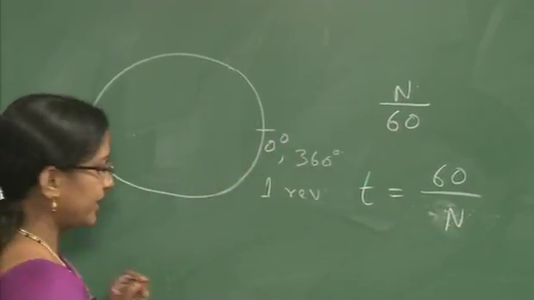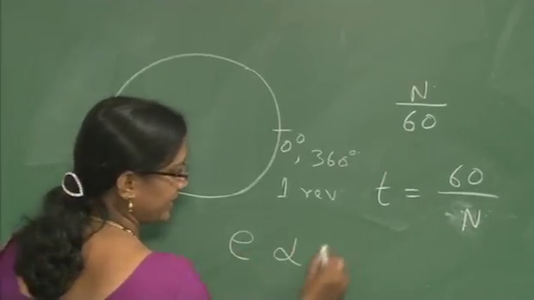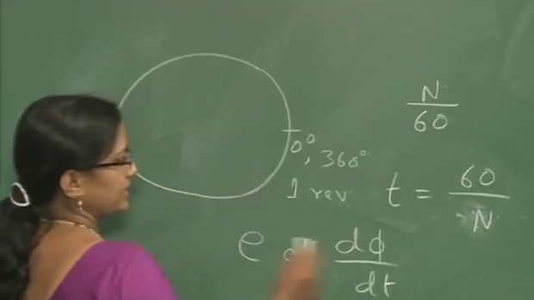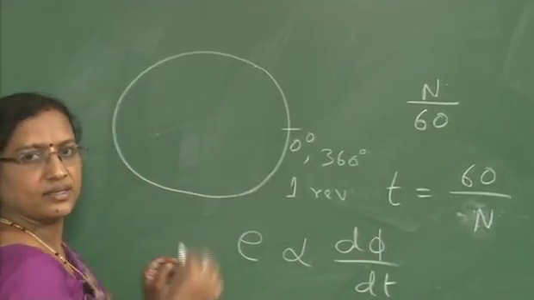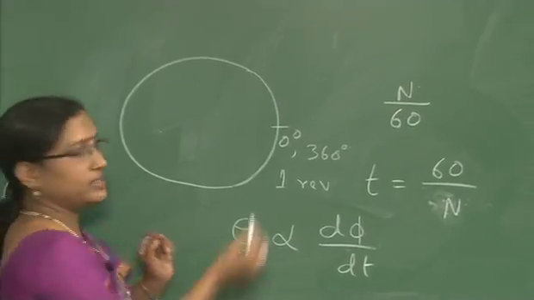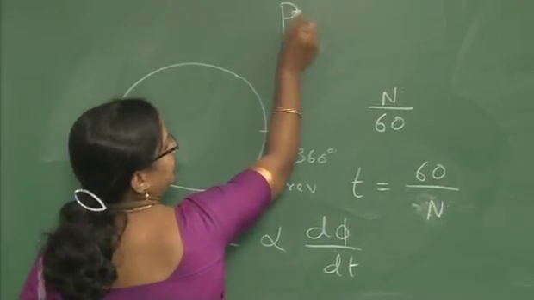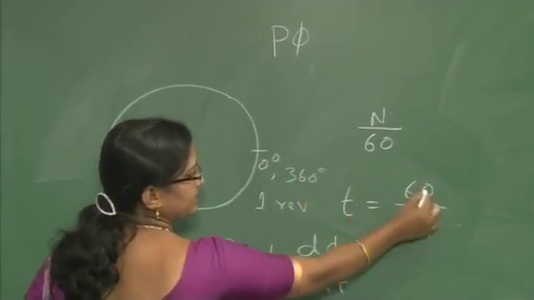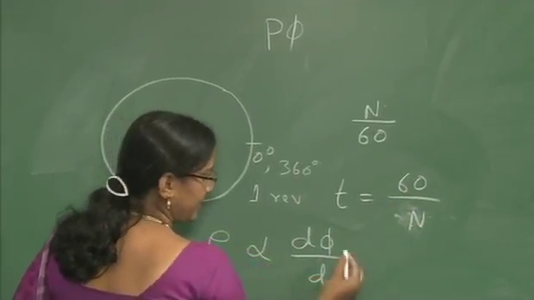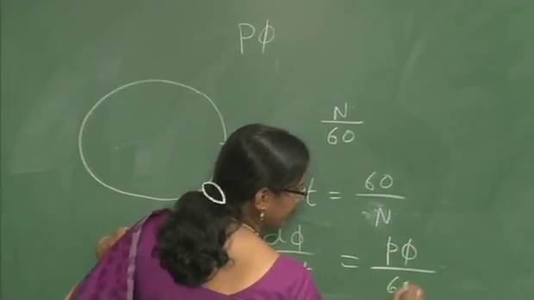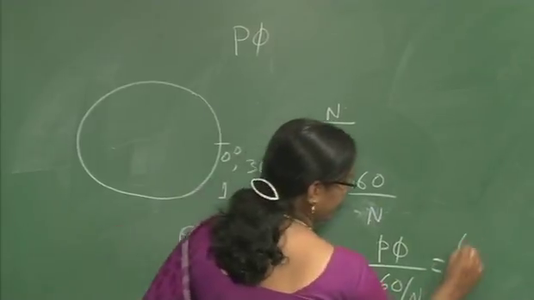Now we already know that the EMF induced is directly proportional to the rate of change of flux linkages. Here the total flux that is cut by one conductor in one revolution is P into phi, and the time taken is 60 divided by N. So, d phi by dt is now P phi divided by 60 divided by N. What will this be now?